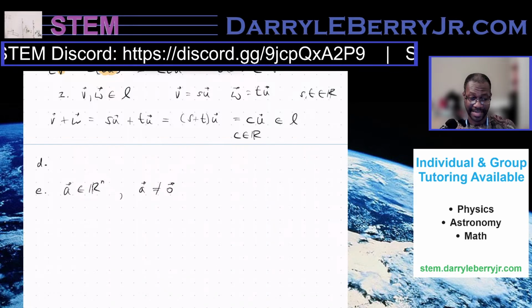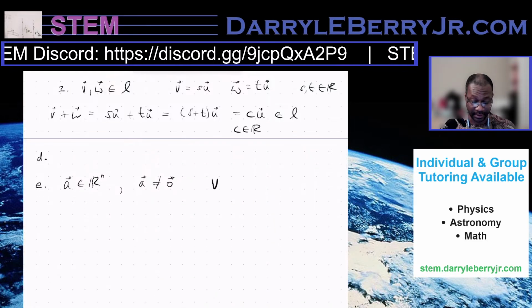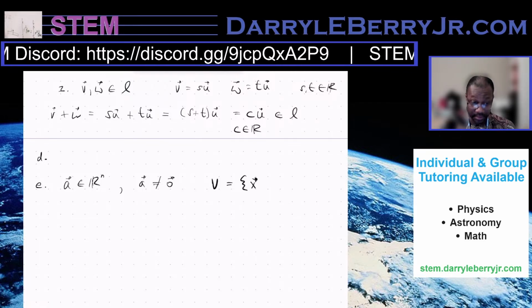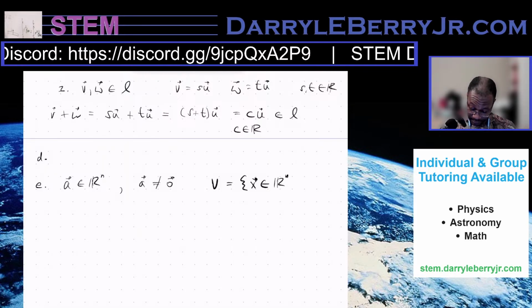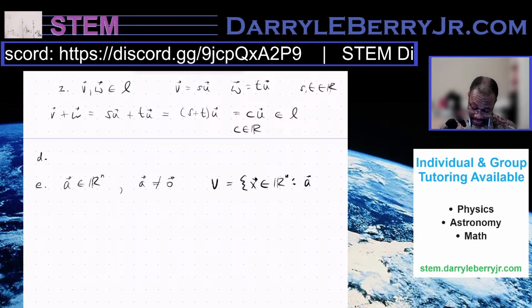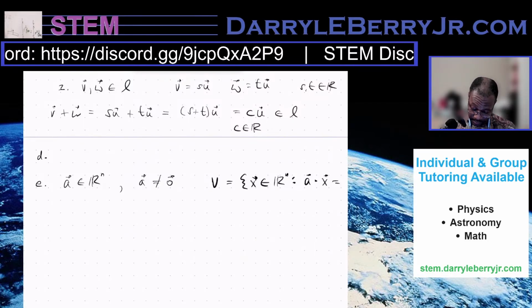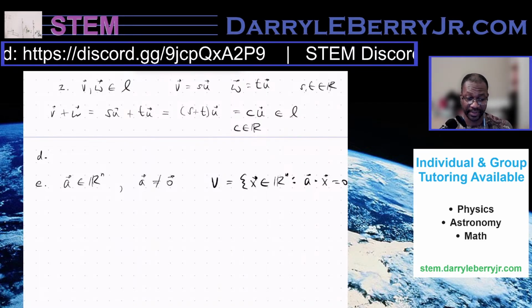Consider the hyperplane passing through the origin defined by V equals X, which is in Rn, and A dot X equals 0. Recall that A is a normal vector of the hyperplane.